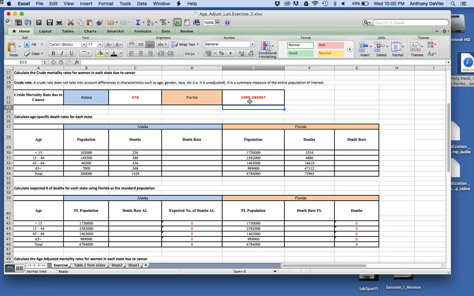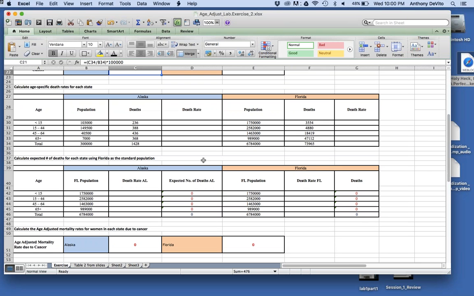Look at this. We have more than double the rate of cancer mortality among females in Florida that we have in Alaska. What is that? Is there some exposure in Florida that's not present in Alaska? Some toxins, some pesticides, some cause that we don't see that would make females die at a much higher rate in Florida than in Alaska?